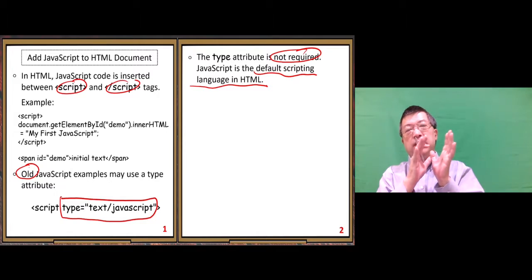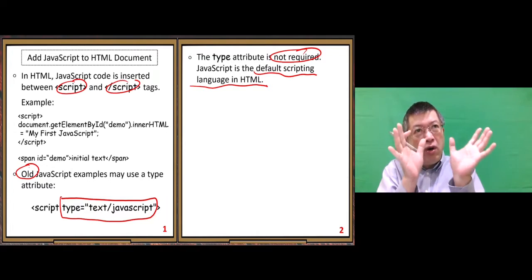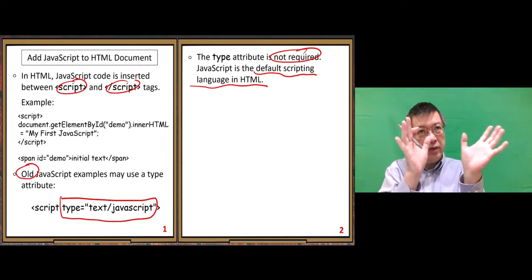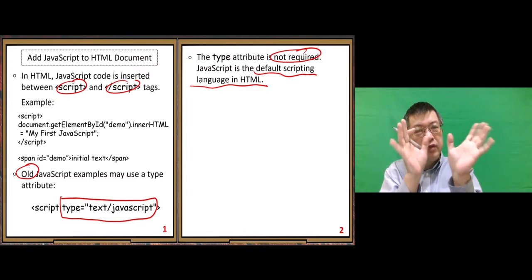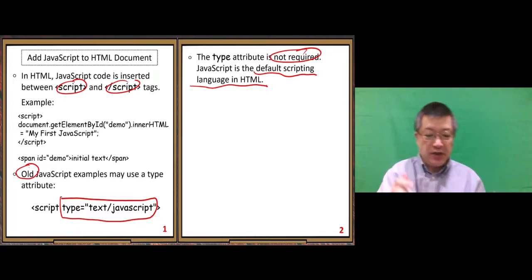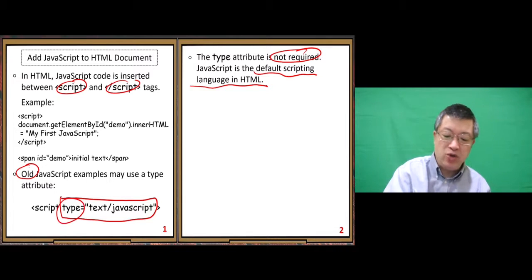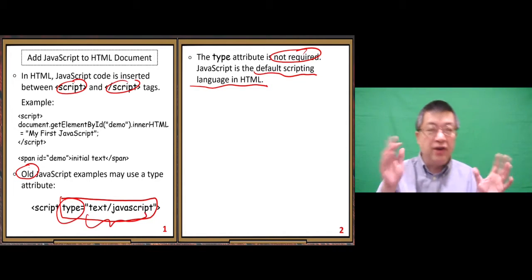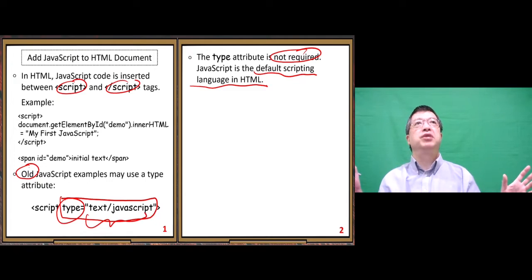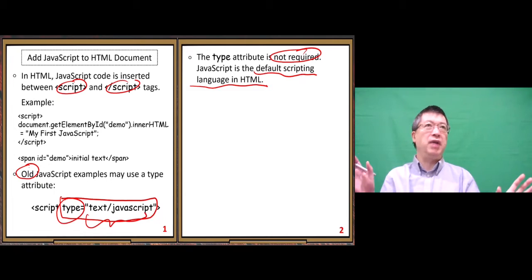So the designers kept that door open, ready for other scripting languages. That's why they use this type attribute, so you can put in values for other scripting languages.